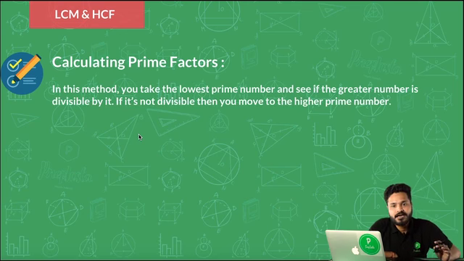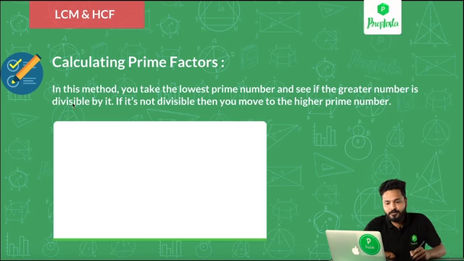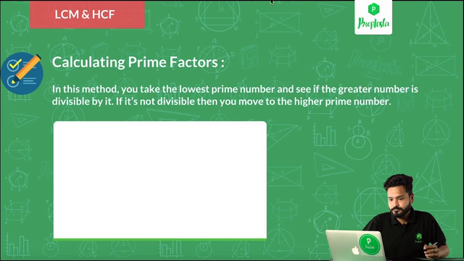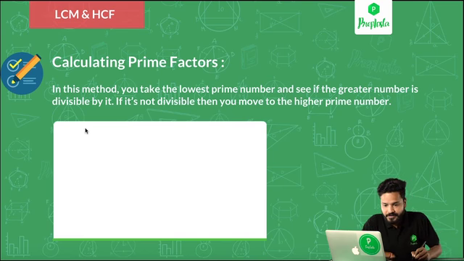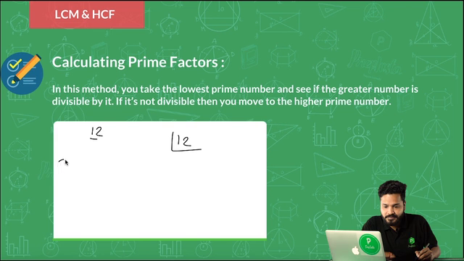Before we start calculating LCM and HCF, let me teach you how to find the prime factors, right? Let me take an example of the number 12. I'll start dividing it with the first prime number, which is 2.